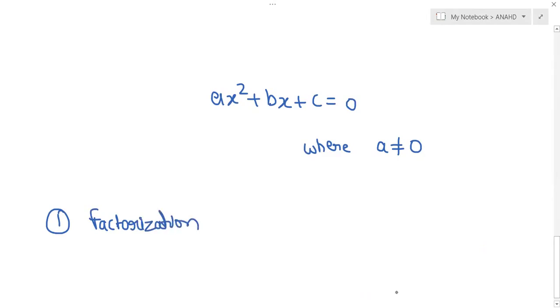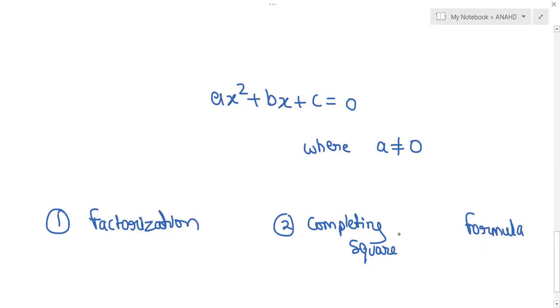Now, what is factorization? I'll talk about the next two methods in a while. The first method is factorization, the second is completing the square, and the third one is the formula method that we will learn.